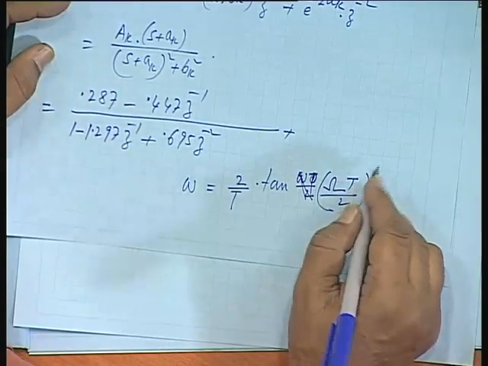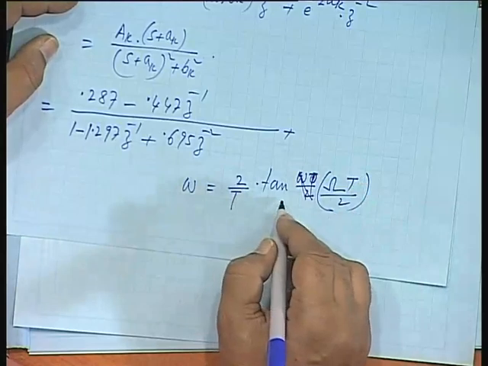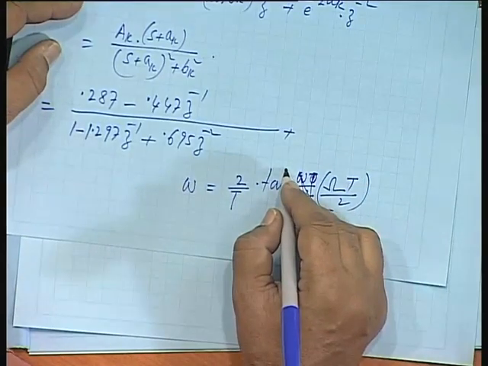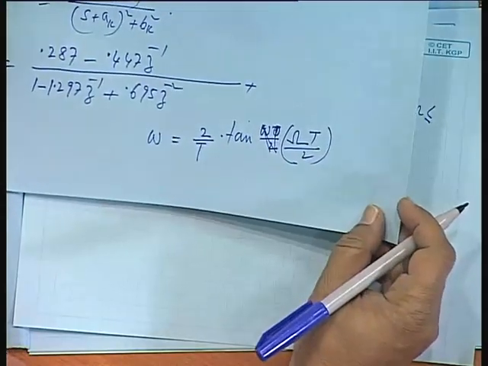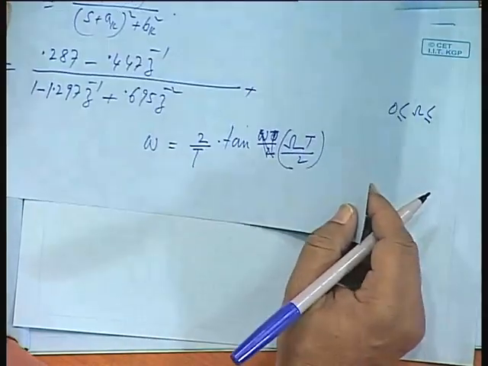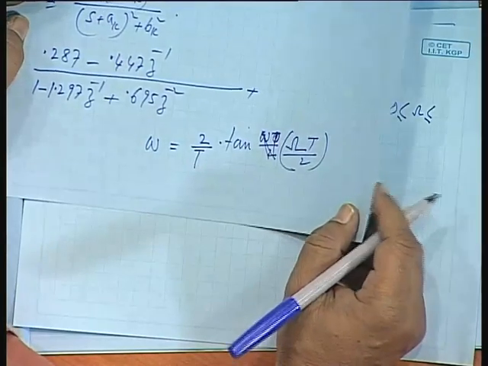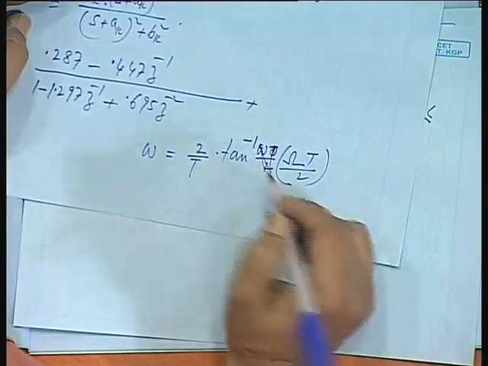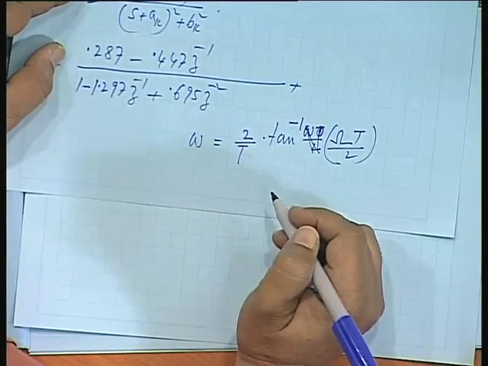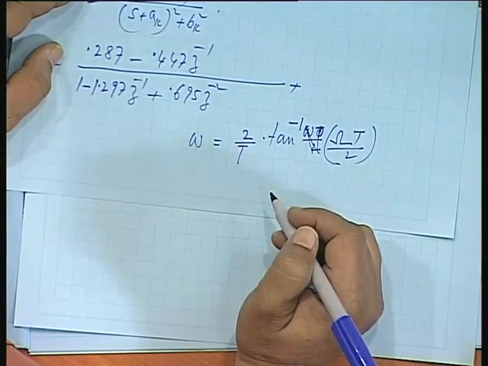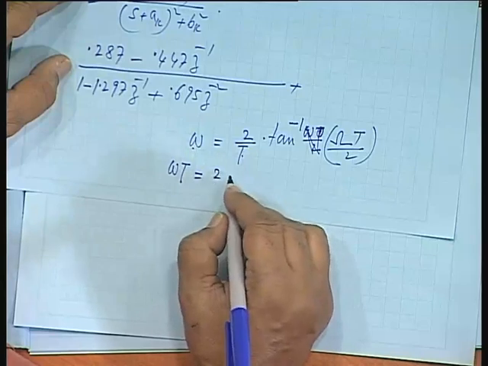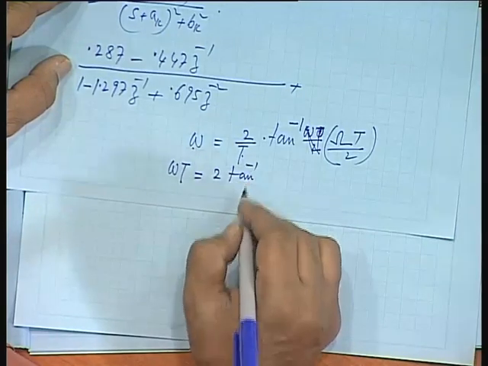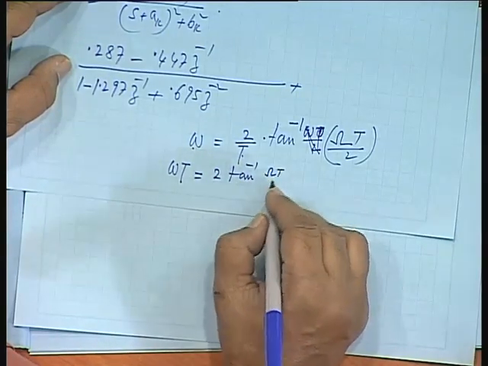So, if we normalize, if we take t to be 1, then 2 tan inverse or tangent? Are you sure? Tan inverse. So, omega into t is 2 into tan inverse omega t by 2.